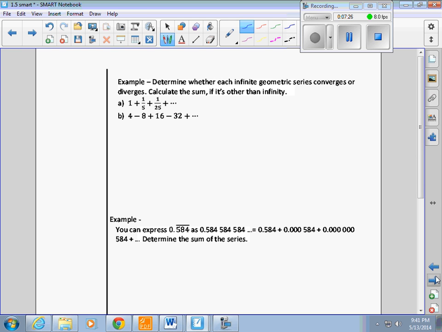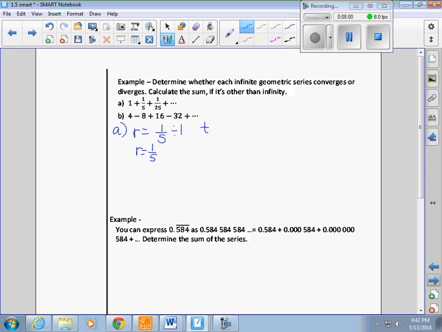Okay. Examples to do: determine whether each infinite geometric series converges or diverges. Calculate the sum if it's other than infinity. So, first thing you have to do to decide if it is convergent or divergent is to calculate the ratio. So for A, my ratio is equal to 1/5 divided by 1, so it's just 1/5.